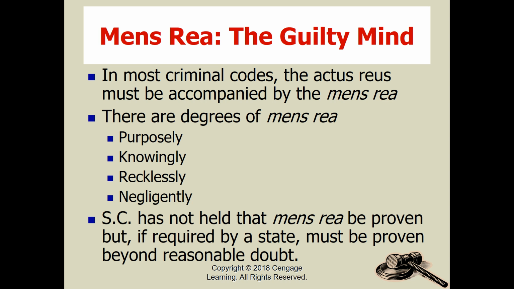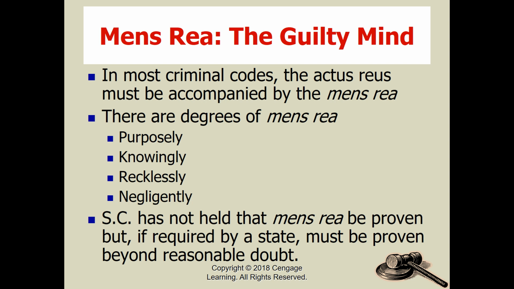So sometimes we'll say, you know, if you're going to commit first-degree murder, you have to predetermine it. You have to premeditate it. And that could be shorthand for that first one. You purposely kill someone. Then there's knowingly, recklessly, negligently. And if we apply this to homicide, it would move us down the scale of the different homicides from the first and the second-degree murder down to the voluntary and then finally the involuntary manslaughter.